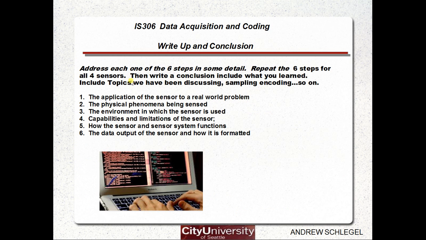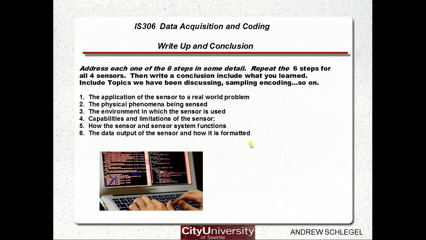So what you want to do is a write-up and conclusion. Include what you learned. Like I said, try to include all the topics we've been discussing, sampling and coding and so on. You want to go through all 6 of these steps for all 4 sensors, and then, in the final conclusion, just include what you learned.